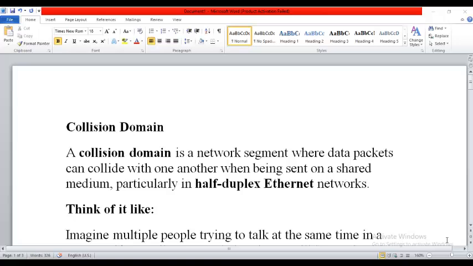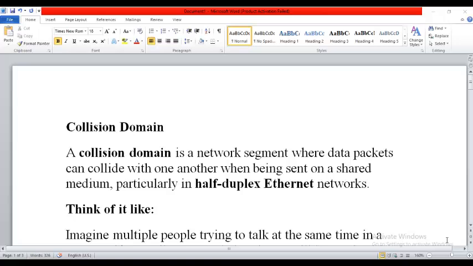How is that collision controlled, avoided? How is the possibility of collision avoided? Whatever you have learned from that CCNA video, we will talk about that later. Now we are just talking in general, what is collision domain?